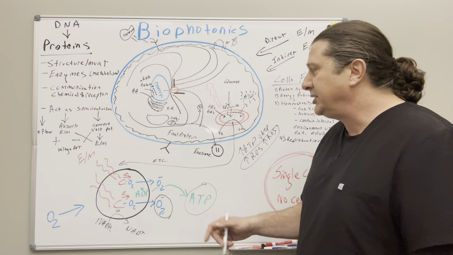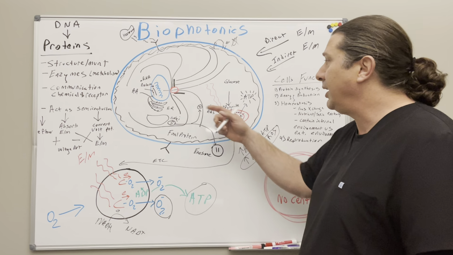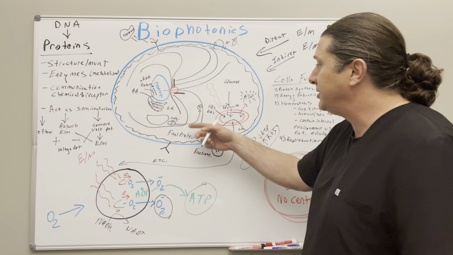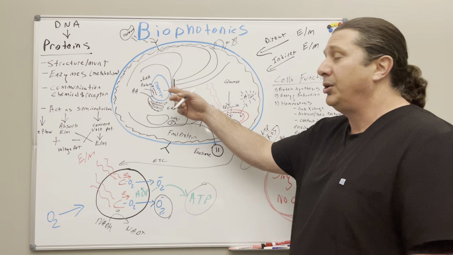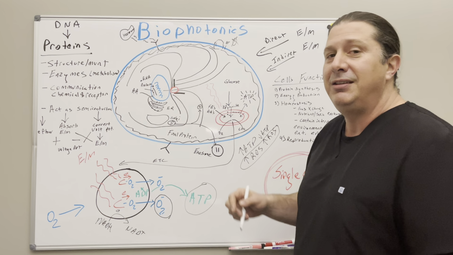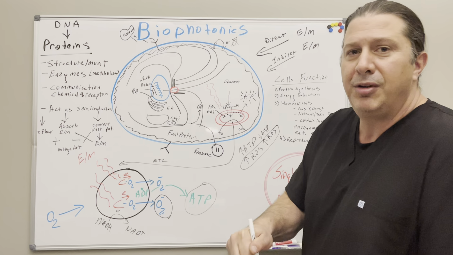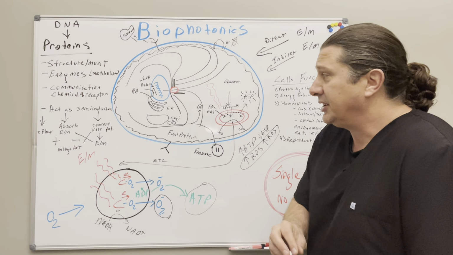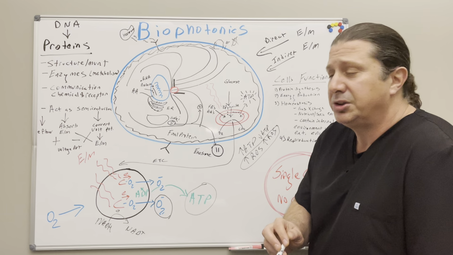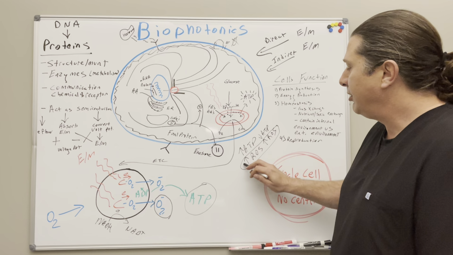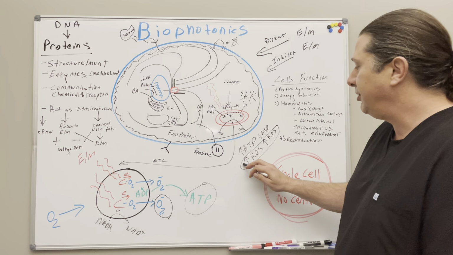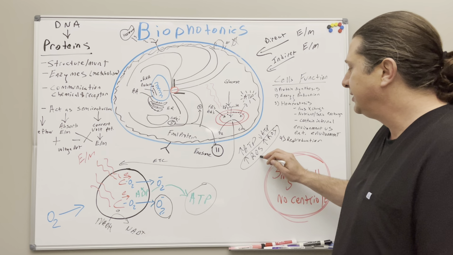So reactive oxygen species will donate that electron to microtubules, to the endoplasmic reticulum, to DNA. When they do that, they denature it. They change the structure of the molecule, which damages it. That's why it's called oxidative stress. So the negative effect of radio frequencies on cellular activity is oxidative stress.